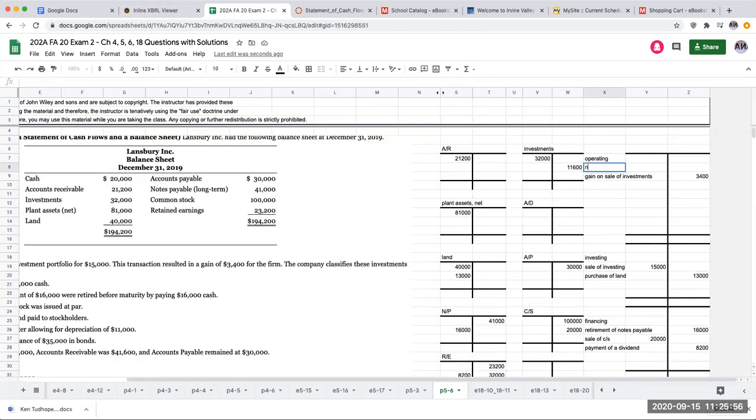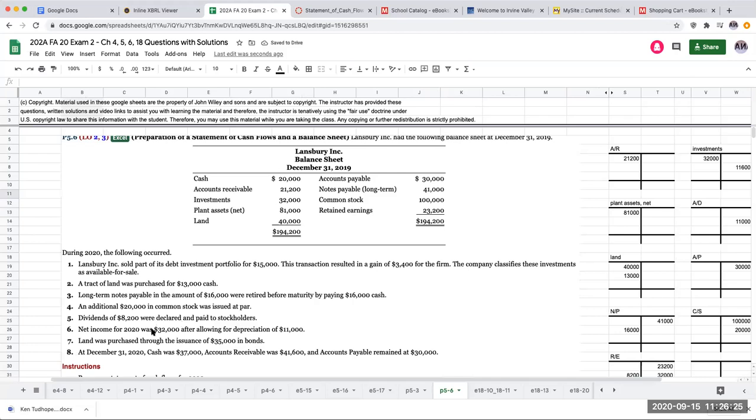My next step is that it tells me I had $11,000 of depreciation expense. To record that, I would be debiting depreciation expense and crediting accumulated depreciation. And I'll be going through and debiting that.